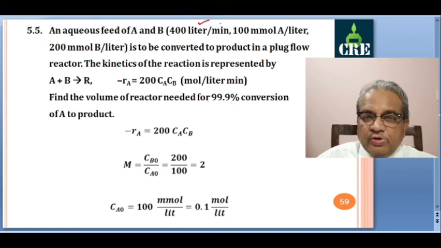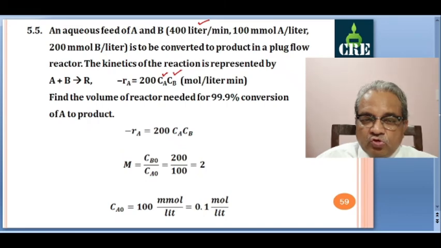Here it is per liter per minute. So it is first order with respect to A, first order with respect to B, and the overall reaction is second order, that is given in the data. Find the volume of the reactor needed for 99.9% conversion of A into products. So the rate law is minus Ra equal to 200 CaCb.